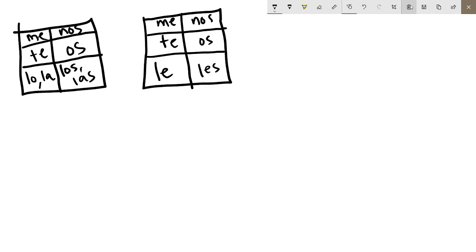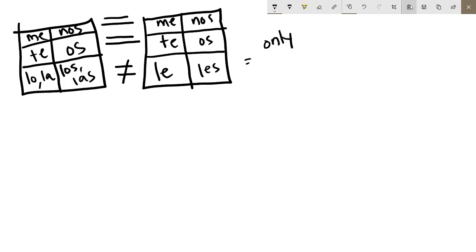Okay, so compare these two charts and you'll see that in the first person, it's the same. Second person, again, the pronouns used are the same. The only difference is right here when you get to the third person.